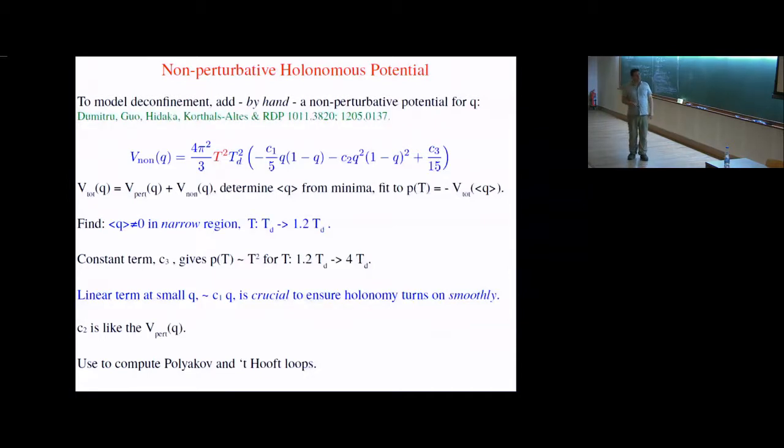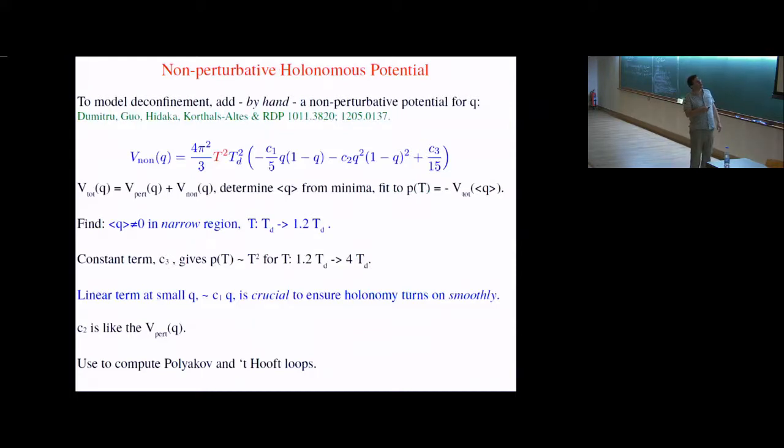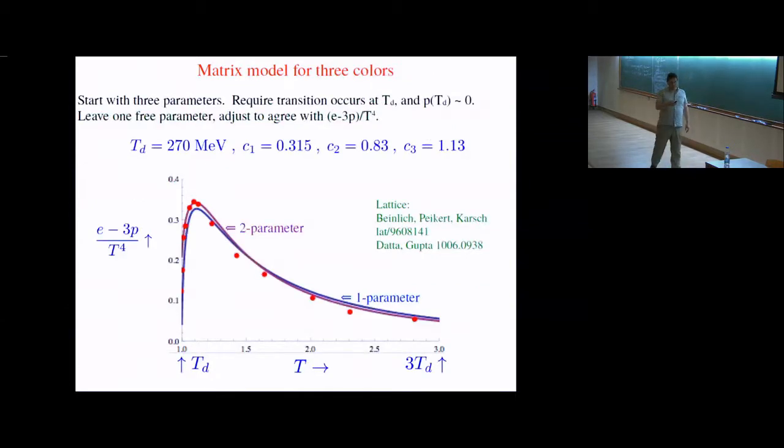Okay, so we can use this to compute Polyakov and 't Hooft loops, and I'll now show you what happens there. First of all, we have to fix the parameters. So we assume that this constant term has to be proportional to t squared. These terms don't really have to be, but we just made the simplest possible ansatz and chose that. And this is fitting to lattice data from the Bielefeld group and also from Datta and Gupta.